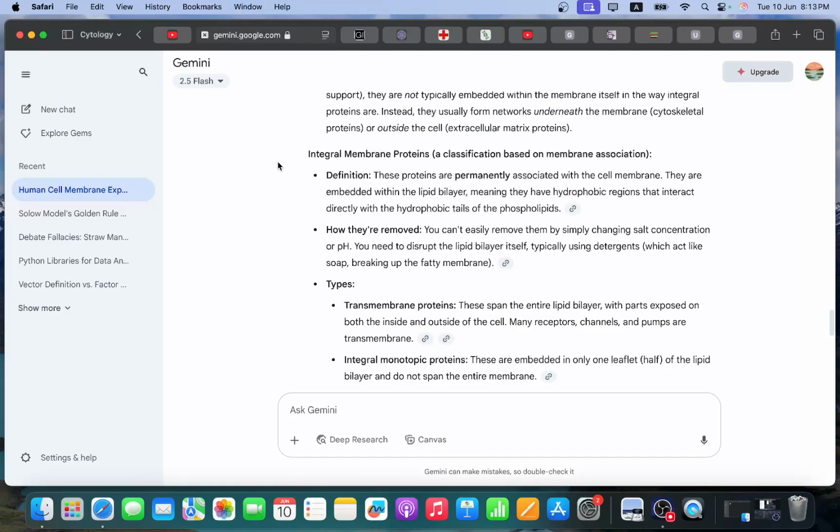Integral membrane proteins, a classification based on membrane association. Definition: these proteins are permanently associated with the cell membrane. They are embedded within the lipid bilayer, meaning they have hydrophobic regions that interact directly with the hydrophobic tails of the phospholipids. Again, these are more detailed elements that I'm going to leave to the formal textbook.